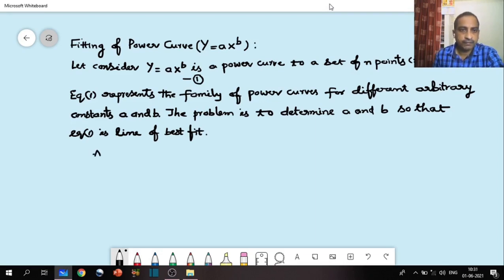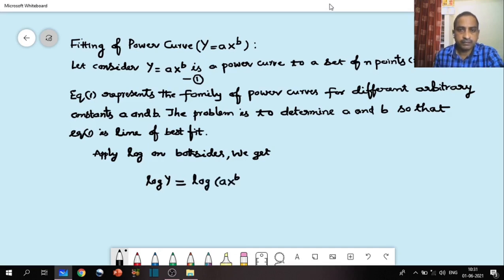Apply log on both sides, we get log y equals log of a x power b.